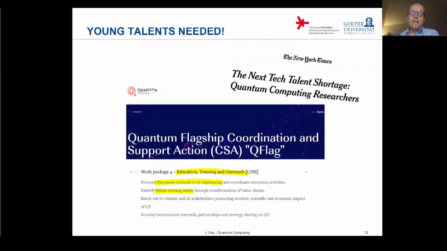That's also the reason why, for the first time in such a European program, the Quantum Flagship has a dedicated program or dedicated work stream on quantum education to train young people like you to get involved in that field.